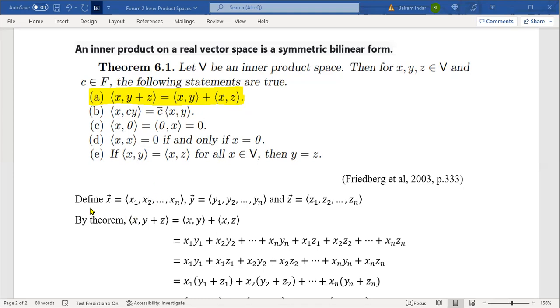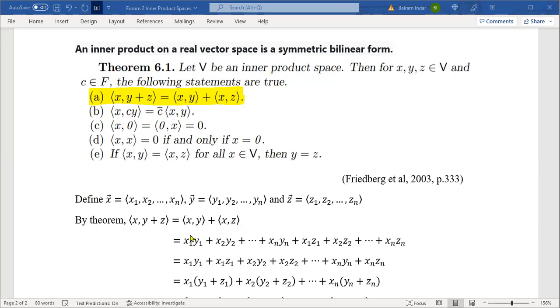Now, what I did, I defined vectors x, y, and z, and I listed the components of these vectors: x sub 1, x sub 2, and so on; the vector y, y sub 1, y sub 2, and so on; the vector z, z sub 1, z sub 2, and so on. By the theorem, in part A, I'm going to do some expansion. I have the inner product of x and y plus z equal to the sum of these two inner products.